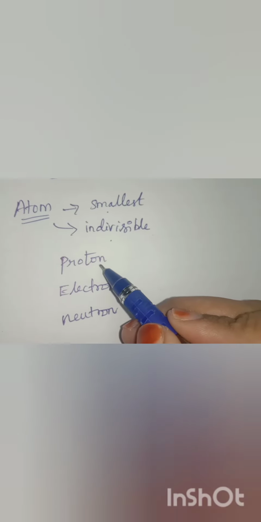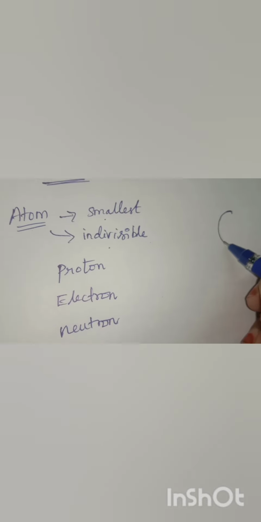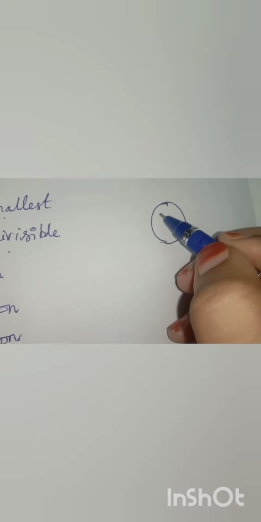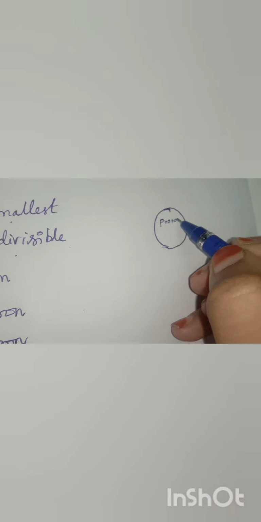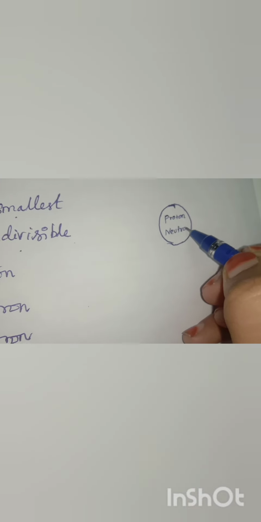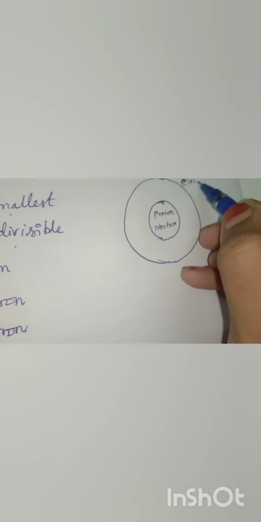What is meant by proton? For example, this is an atom. In this atom, inside, proton will be present and neutron will be present, and outside, electron will be present.